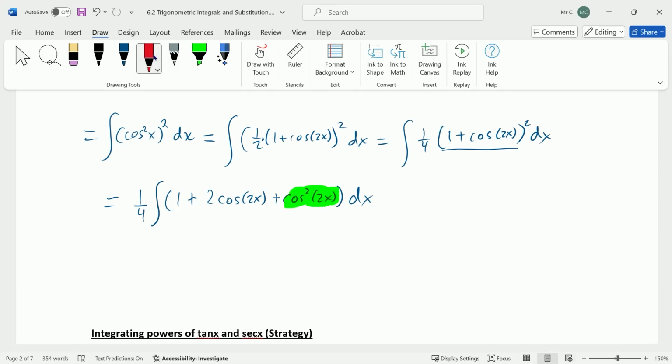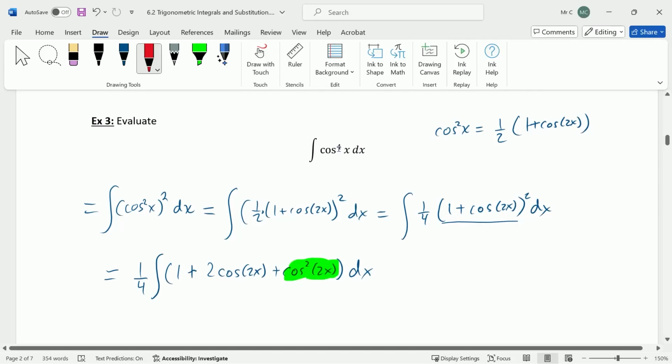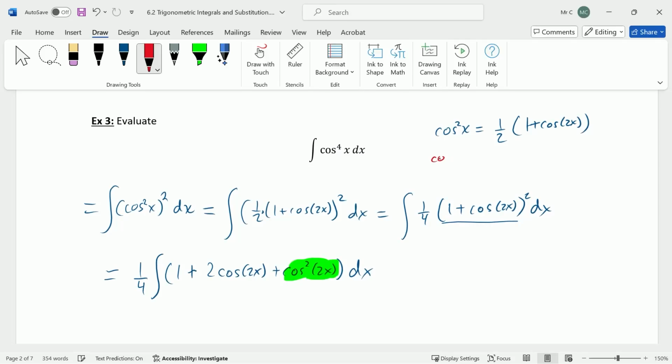So the thing I want to point out is if I look at this formula, this is a kind of common mistake or misunderstanding, a place where students get stuck. This formula really in this context maybe should be written as cosine squared of theta is 1/2 times 1 plus cosine of 2 theta, where we don't care what theta is, as long as on the right-hand side of the formula, I double it.